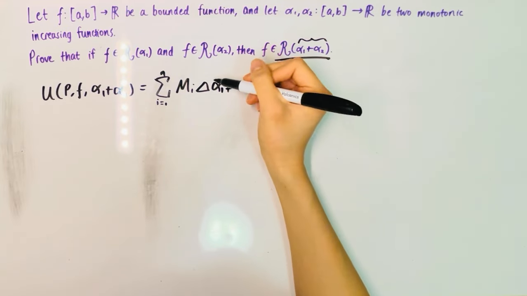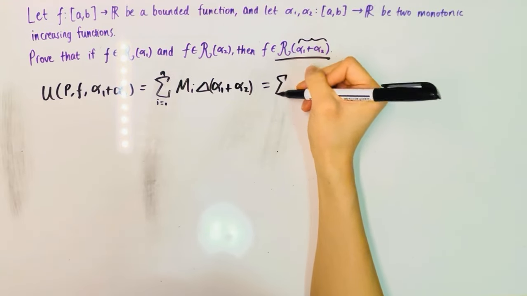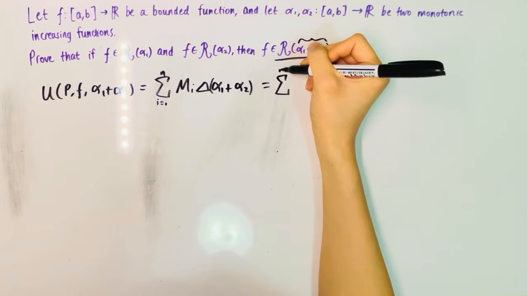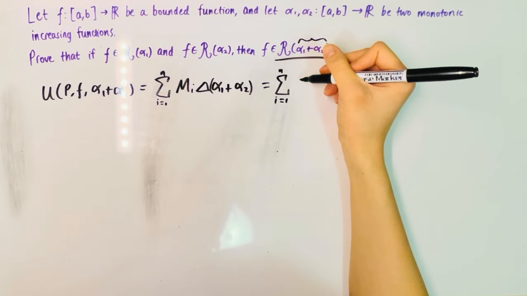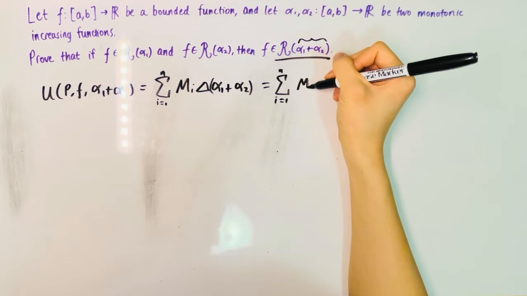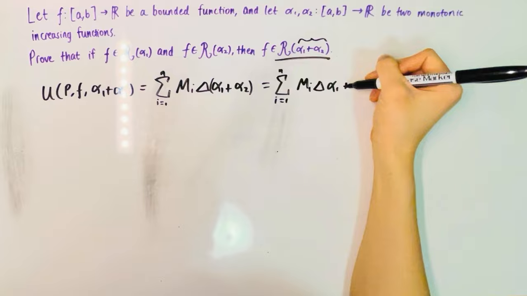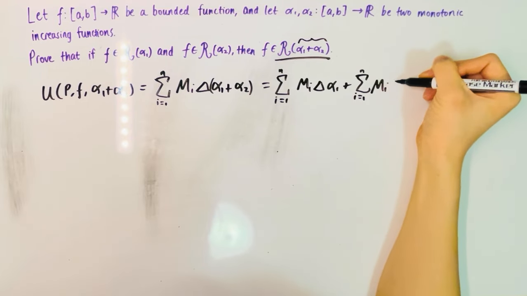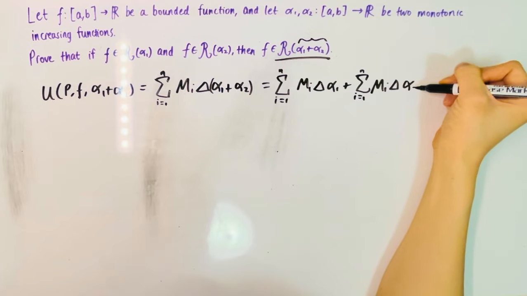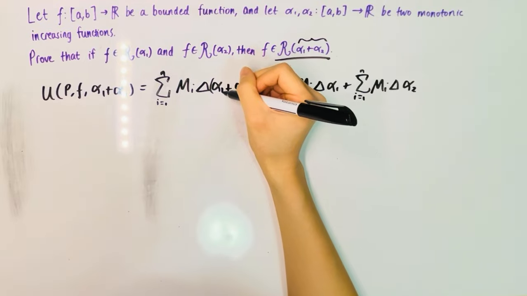And this will simplify, because of just how sums distribute, to be equal to the sum of Mi delta alpha 1 i plus the sum from i equals 1 to n of Mi delta alpha 2 i.